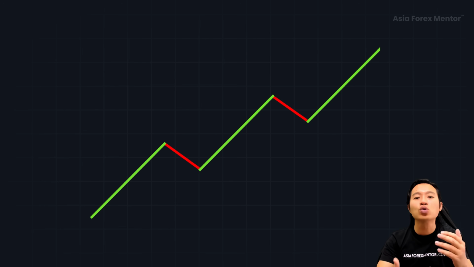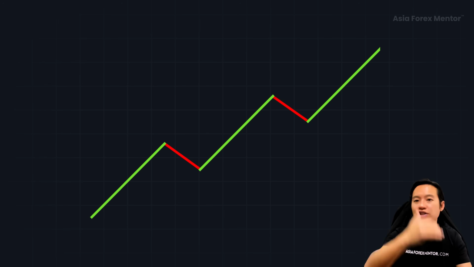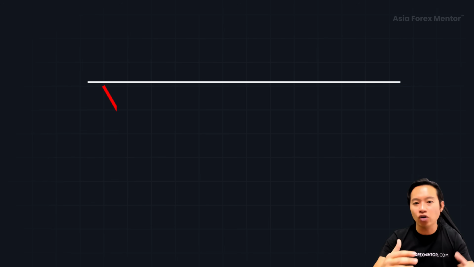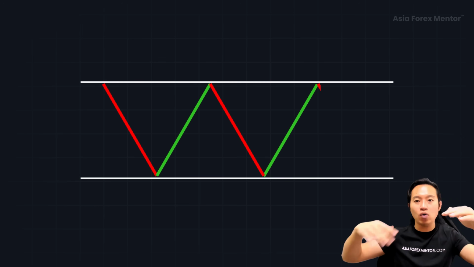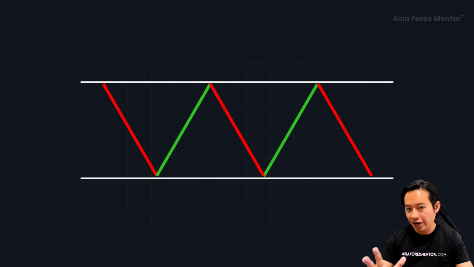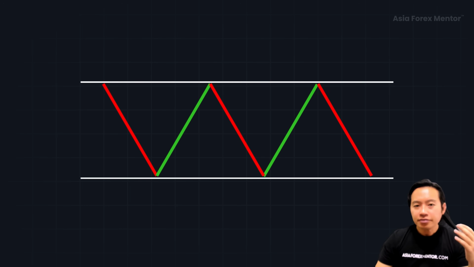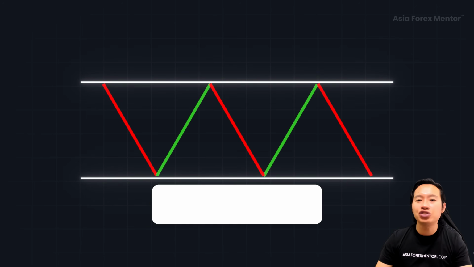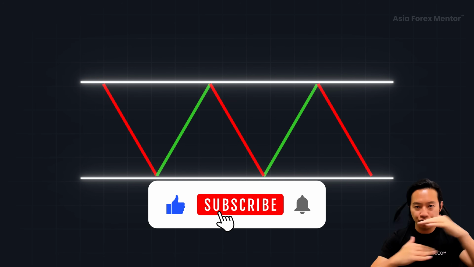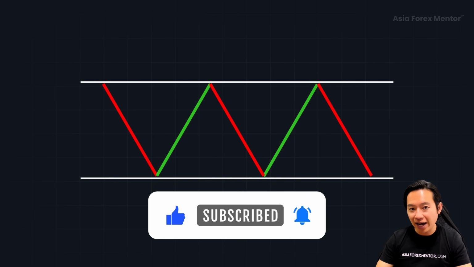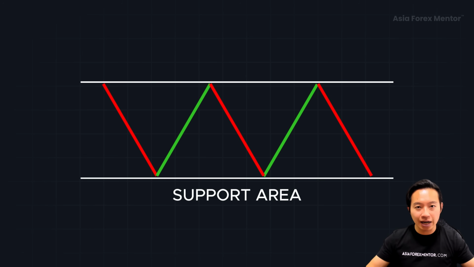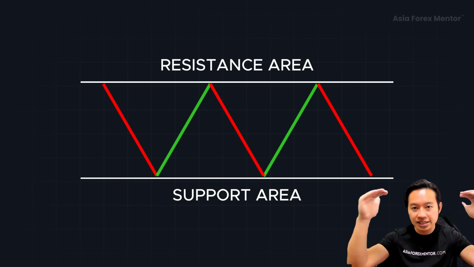So this is also another way to trade swing trading, not just within a range bound setup. Now, in this scenario, traders trade within a range that is fluctuating between a defined support at the bottom and the resistance at the top.